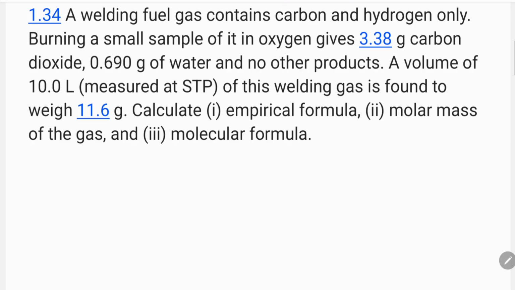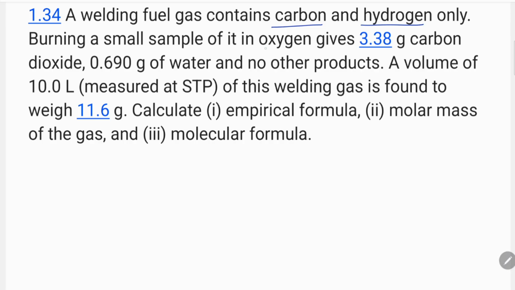Okay, our next question is from empirical formula. The question is: a welding fuel contains carbon and hydrogen only. You might have heard in lower classes which hydrocarbon gas we use as welding fuel, but anyhow, let's calculate it.